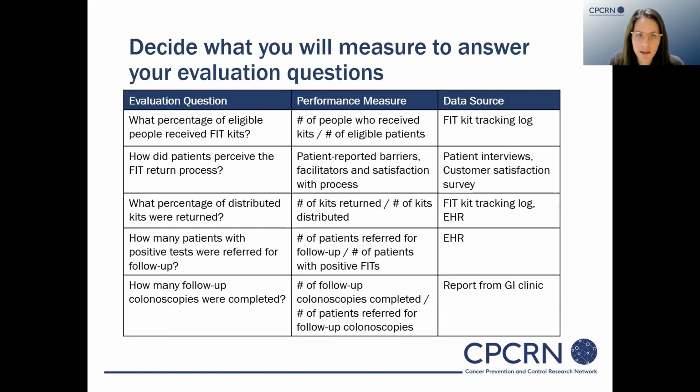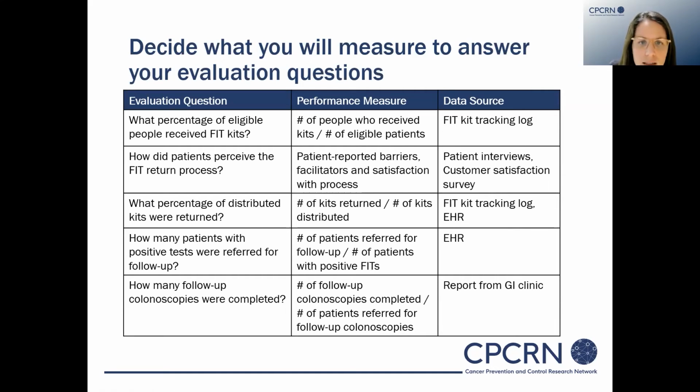So here's our table again, and this is kind of becoming our data collection plan or evaluation plan as we build it up. So here, next to my performance measures, I've added another column for my data source. And this is really helpful to think through so that you can identify which data you already have to answer your questions or what data you might need to collect new.